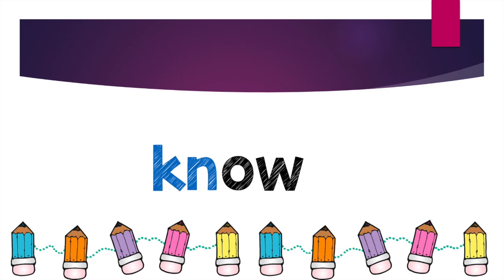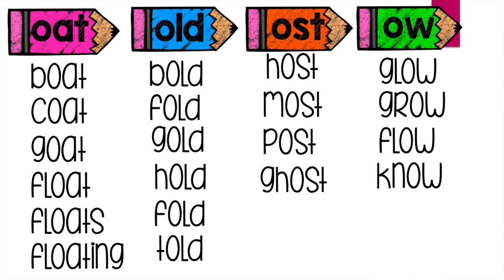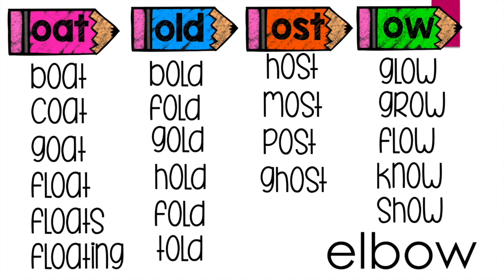No. And show. This one is my favorite list because all of the words start with either a blend, like glow and grow and flow, or they have a digraph. Oh, I went a little fast. So, because you know all of these O words, you can read them in other words, like in elbow.